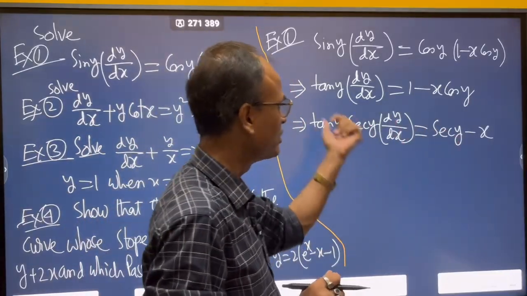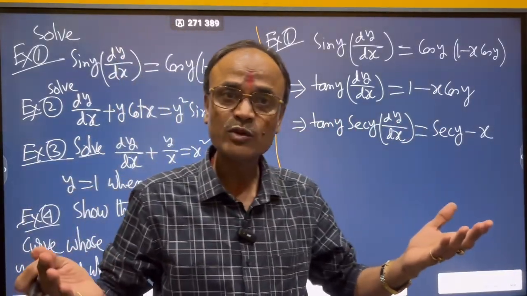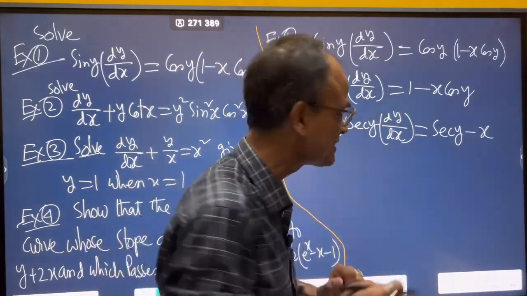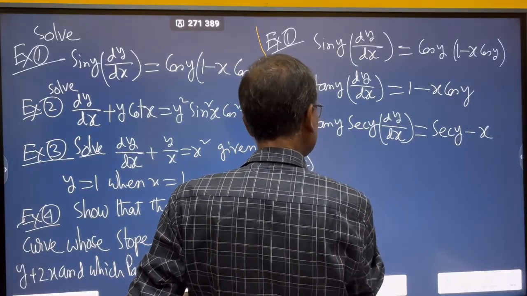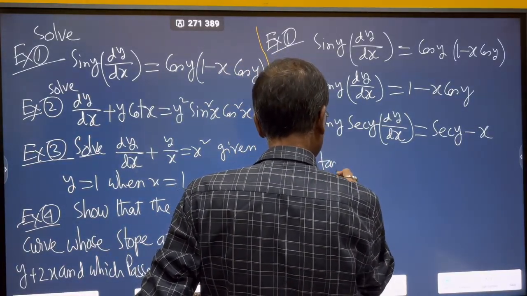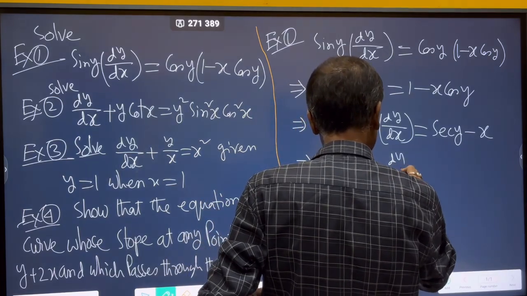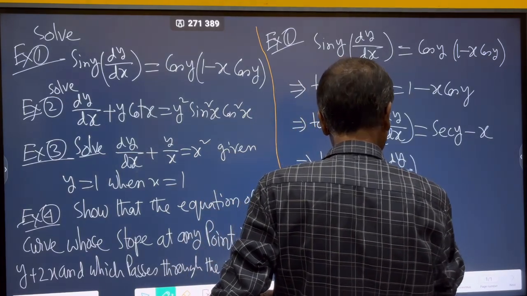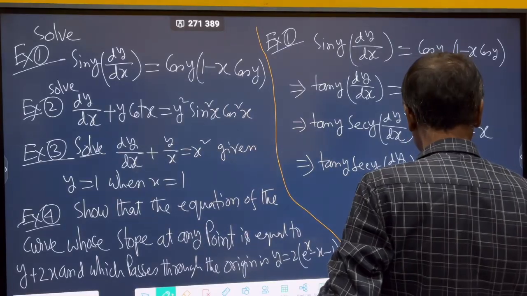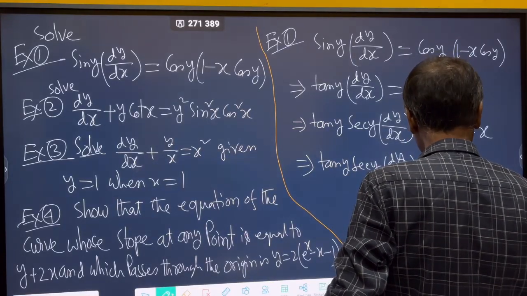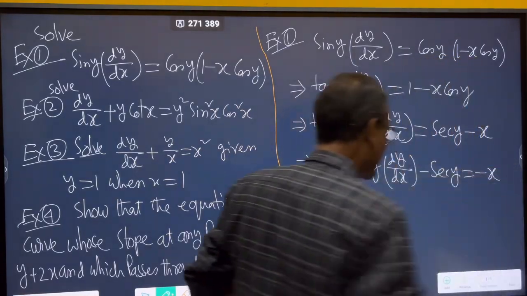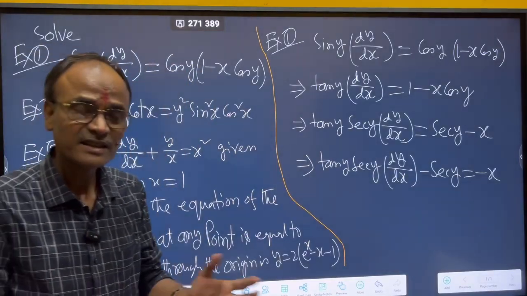Now put sec y equal to v. Then the equation can be written as tan y sec y dy by dx minus sec y equal to minus x.